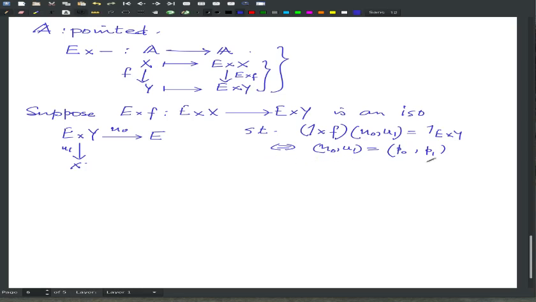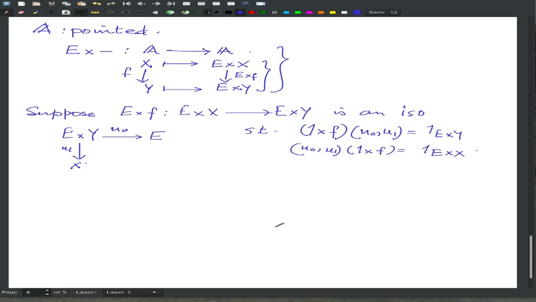I have to be careful. How do I write this? And you have also the other side of the story. So U0, U1, 1 cross F. This is identity of E cross X.